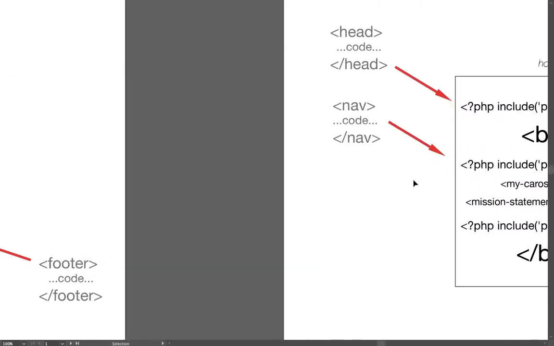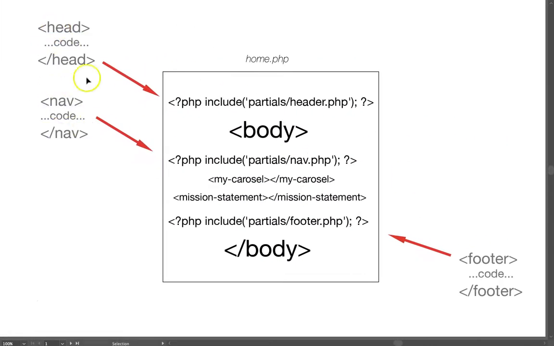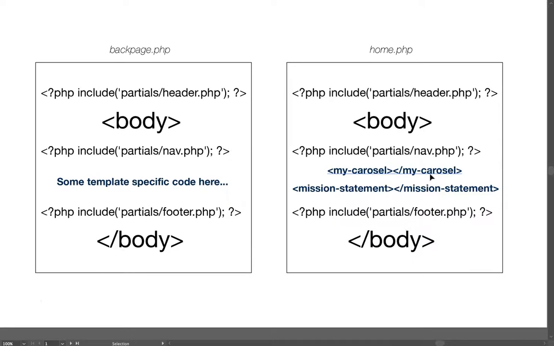If I go over to the home.php, you're still including the same code, and this is repeating itself right here. If I put these side by side, you'll notice that the only thing that really changes between these two templates is the stuff in bold right here.